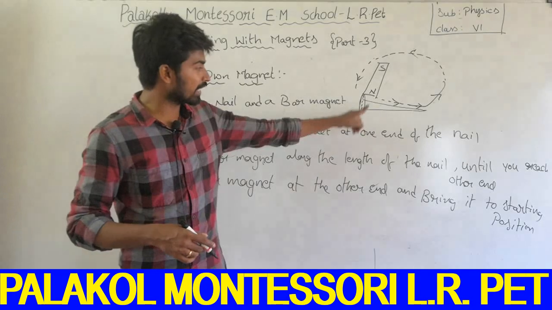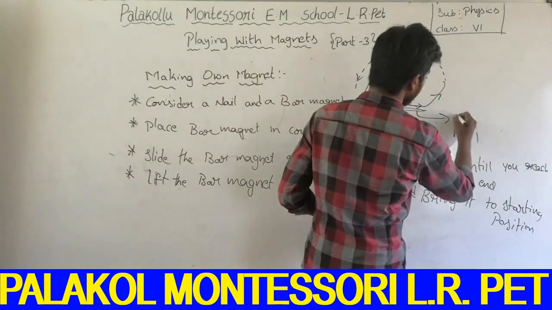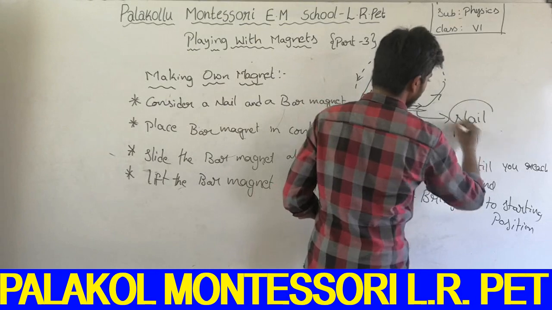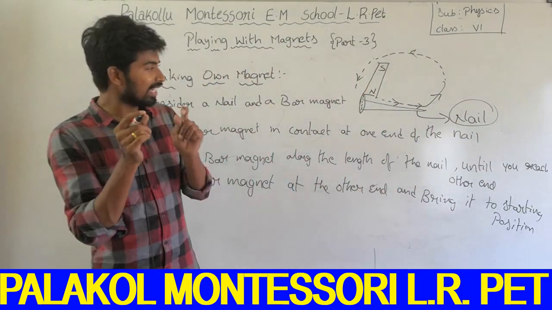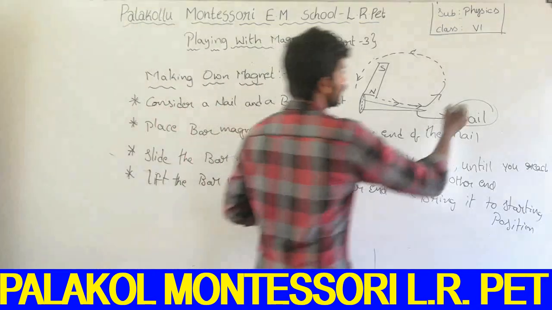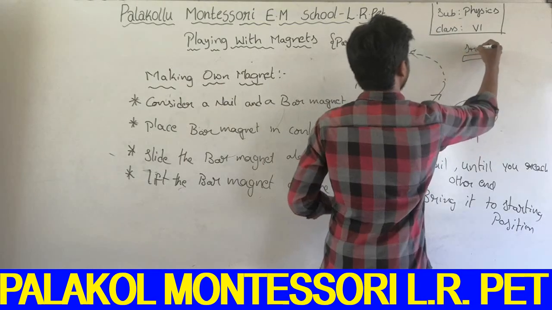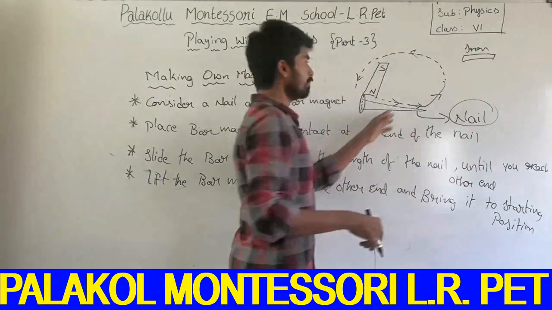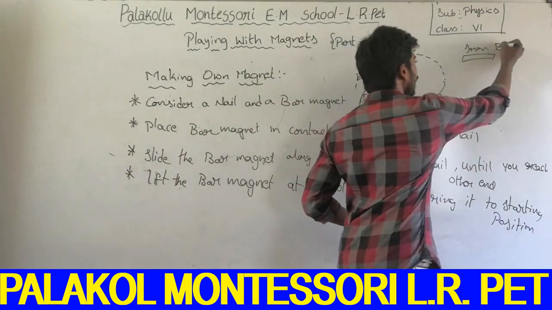Then this nail will be converted into a magnet. If you have any iron substance in the shape of a bar and do the same process, it will be converted into a bar magnet.